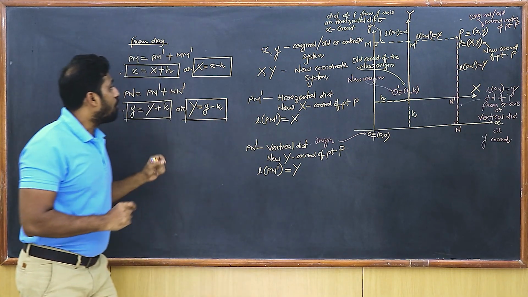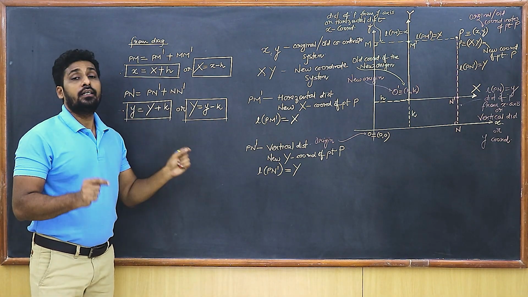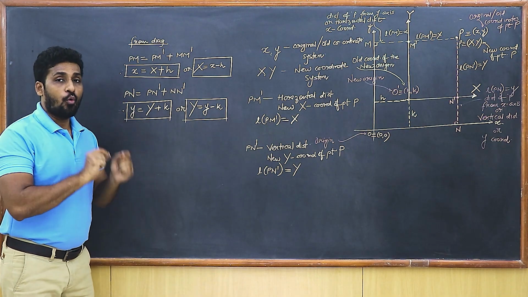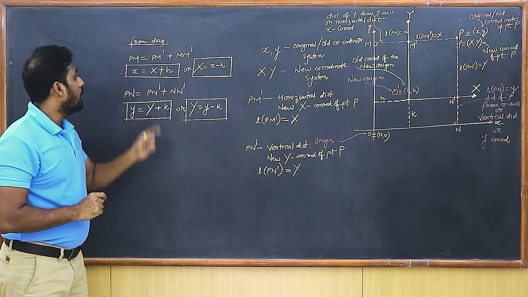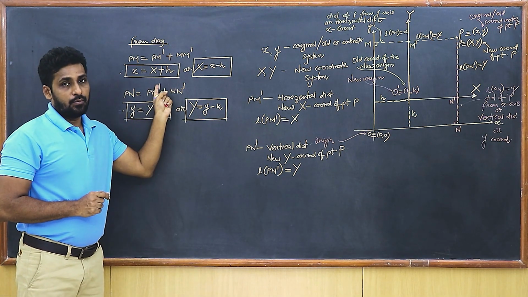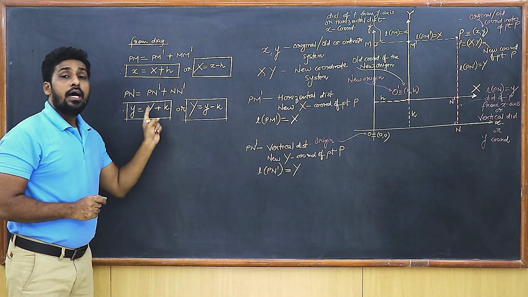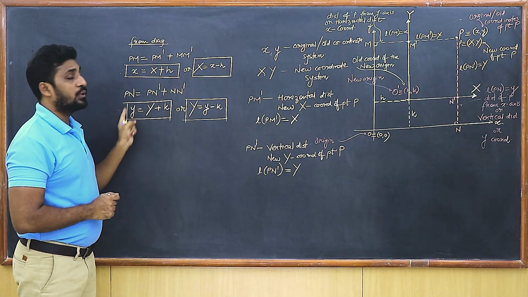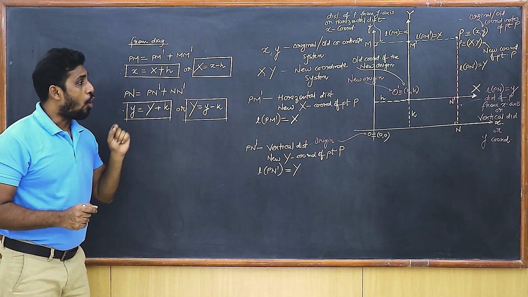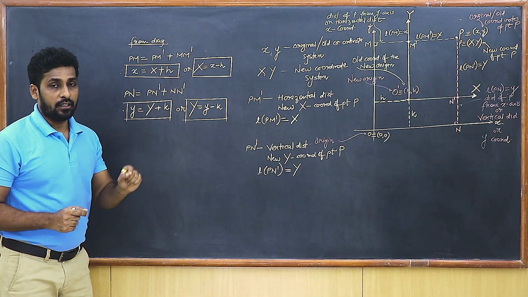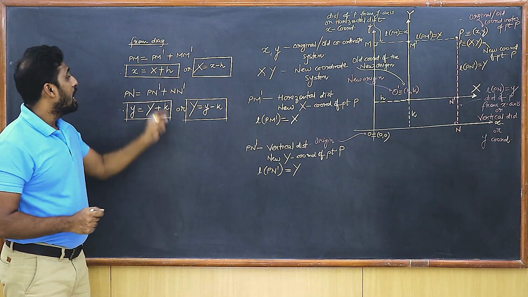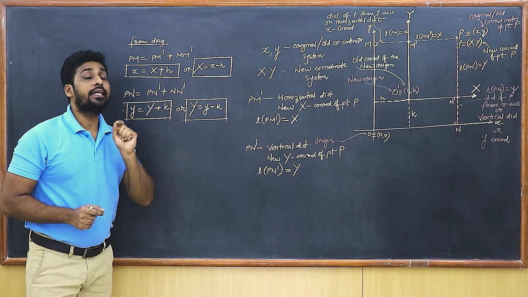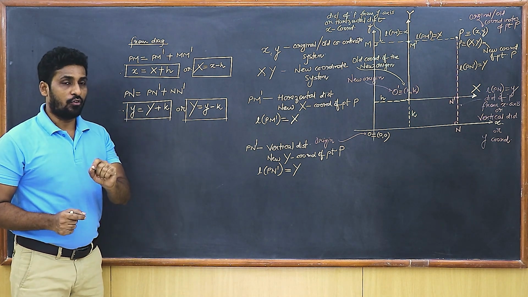So this is the formula that you should always be using to change the coordinates from old to new or new to old. Small x is equal to capital X plus h, small y is equal to capital Y plus k. Small x and small y denote the old coordinates of a point, the original coordinates of a point, and capital X and capital Y, they denote what? They are the new coordinates of the point.